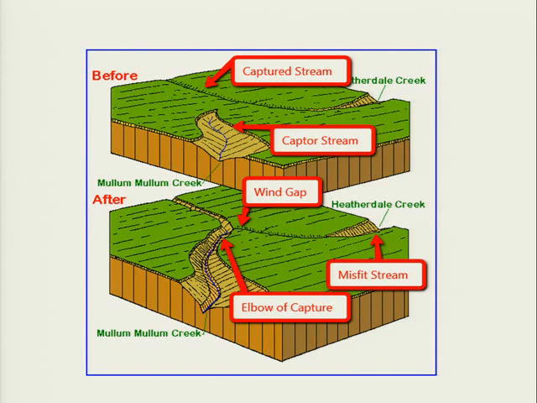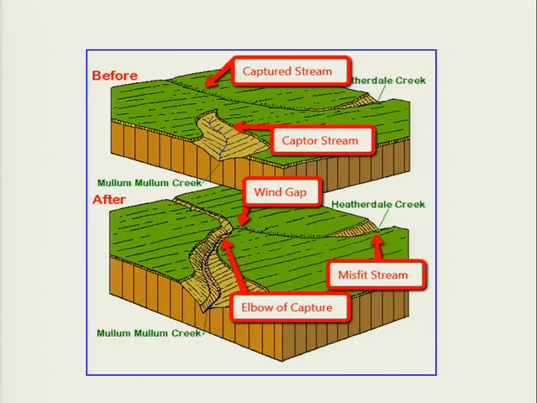Look at that picture. The river is eroding from the bottom to the top. It's going northwards in this case. It's going to flow, reach the top river, take the water from the top river, and then it is the robber, it is the pirate that is called the captor stream.